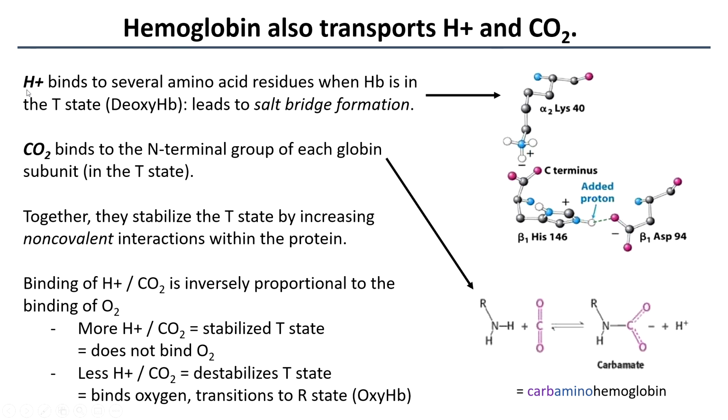So if it's bound to oxygen, hydrogen ions have a tough time binding to these residues. But in the tissues, when it starts to lose its oxygen, hydrogen ions are better able to bind to the T state. This leads to salt bridge formation between the hydrogen ions and some of the negatively charged or partial negatively charged residues on hemoglobin amino acids.